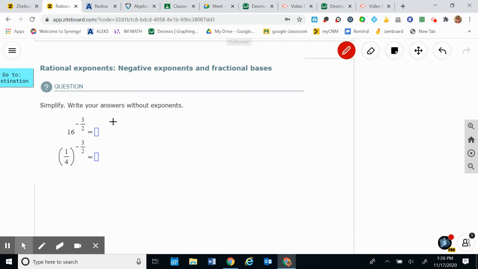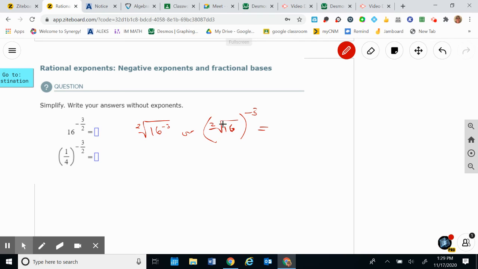Same thing here. It says write your answers without exponents, so we are supposed to get rid of the exponents. This is the square root of 16 to the negative 3, which is a much easier problem, in my opinion.